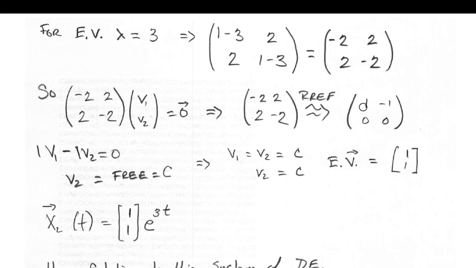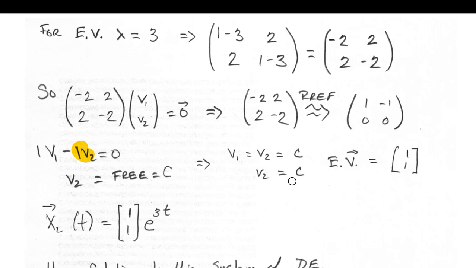So I have 1 v1 minus 1 v2 equals 0, and my v2 is free, which I'm going to call a constant. I solve this for v1, and I get v1 equals v2. I moved this over to the other side of the equation. And since v2 is equal to c, I have v1 equals c and v2 equals c.